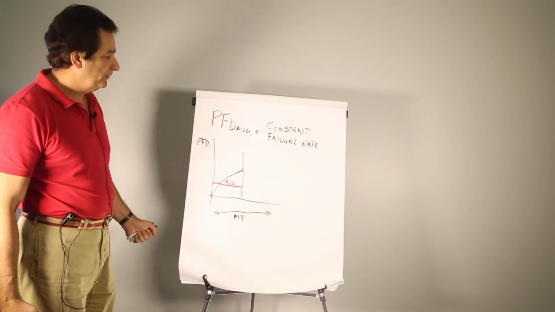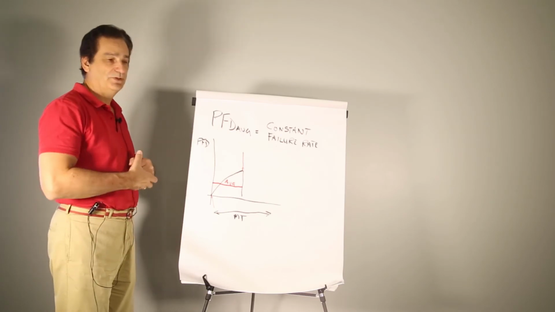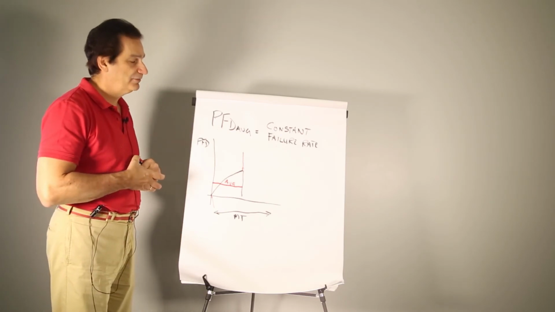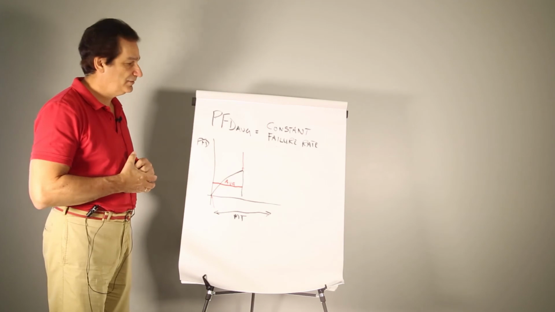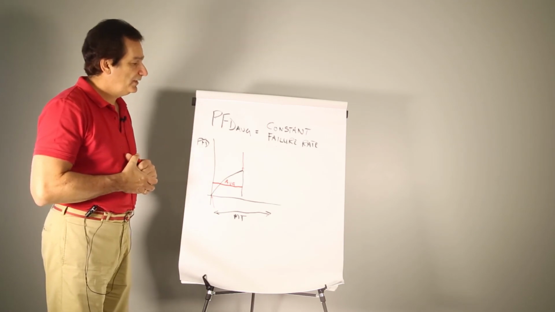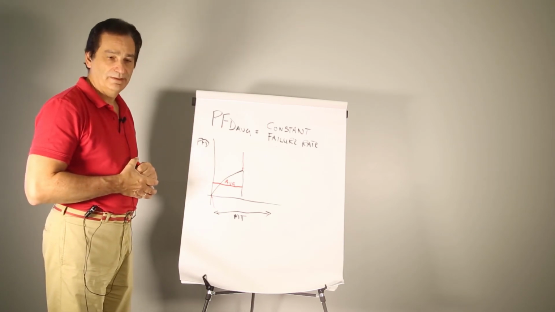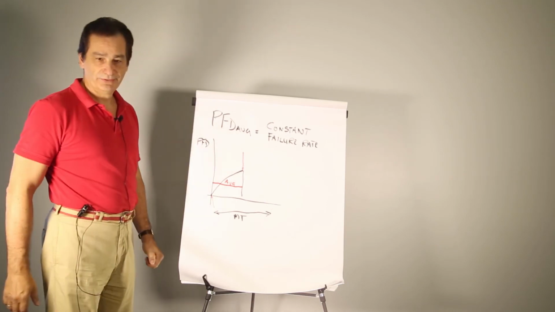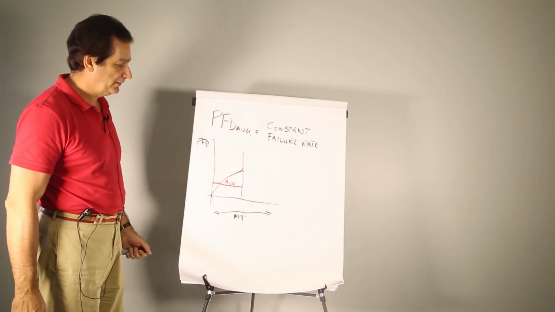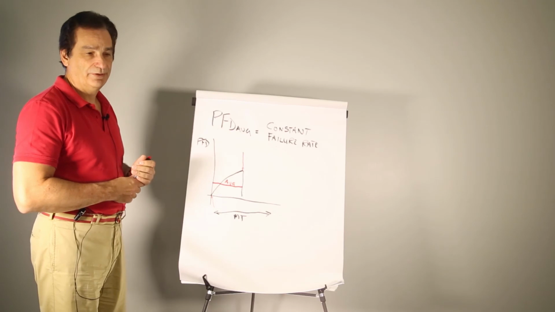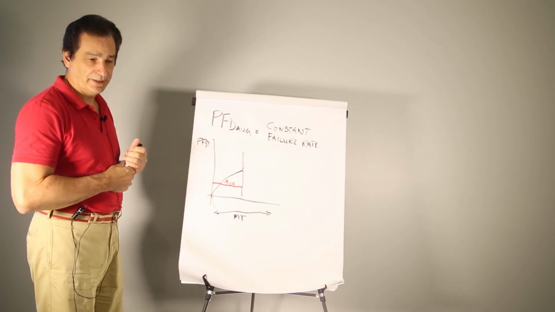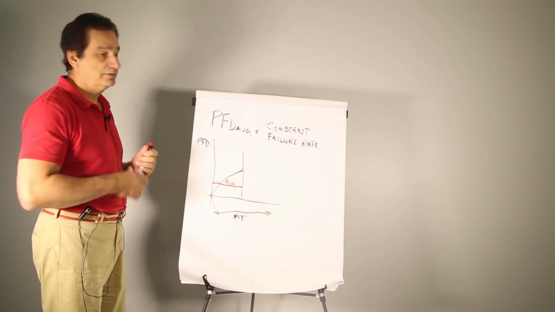So if you are running to fail, once you get outside of the useful life for the equipment in a safety instrumented function, then you're going to be invalidating your SIL because you cannot rely on it, due to the fact that now you're into the wear out stage where it's no longer predictable.